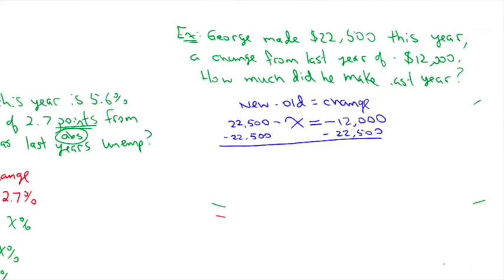Negative X is equal to negative 34,500. So then X is going to equal positive 34,500. So how much he made last year was $34,500.